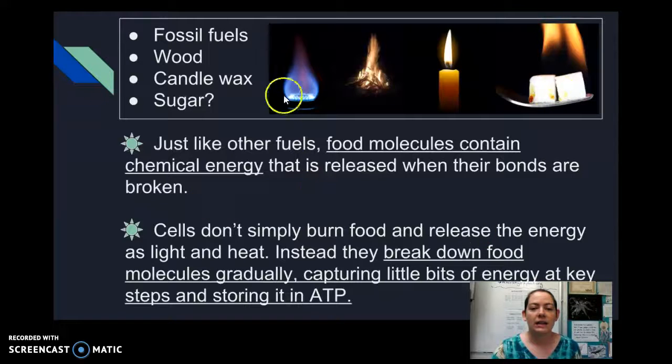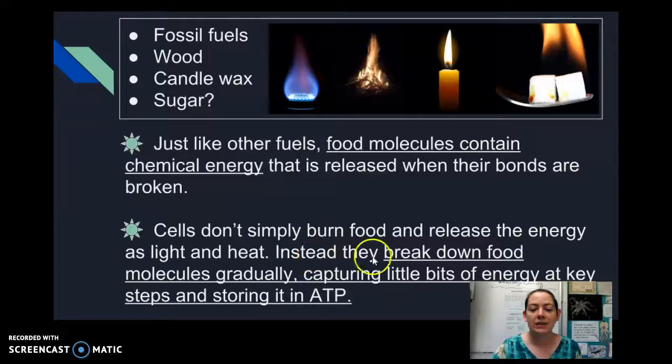So just like these other fuels, food molecules contain chemical energy also, and that chemical energy is released when their bonds are broken. But cells don't simply burn food to release the energy as light and heat like these other fuel sources. We wouldn't want little tiny fires in all of our cells. That wouldn't be comfortable.